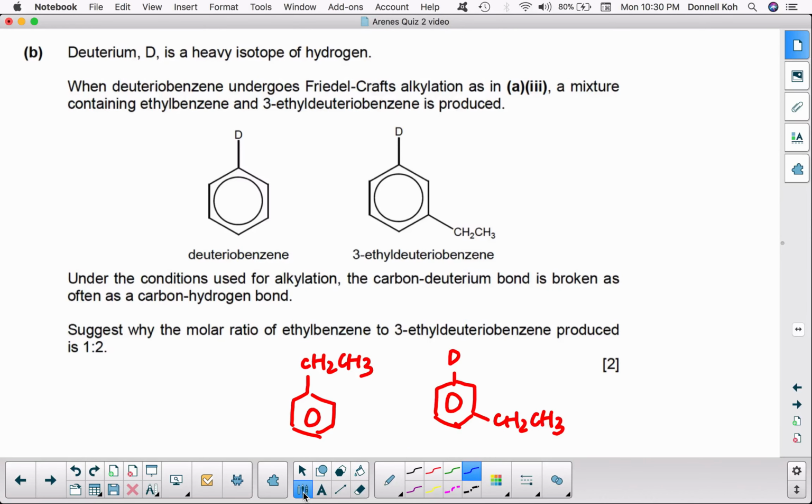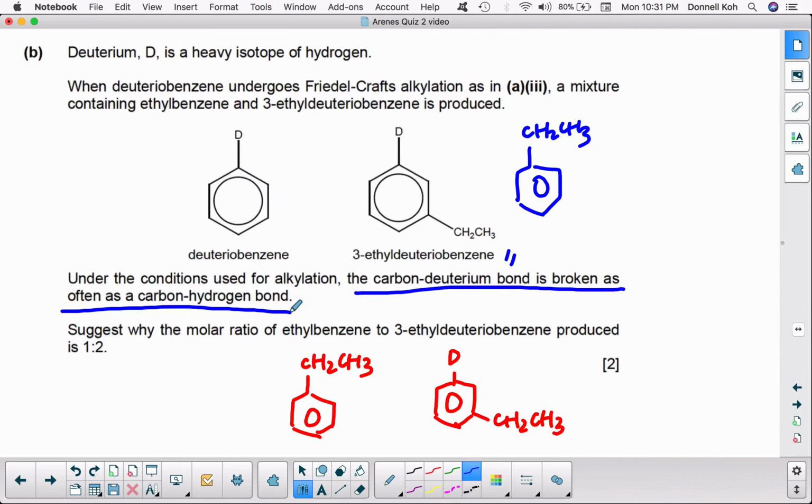Deuterium is a heavy isotope of hydrogen. When deuteriobenzene undergoes Friedel-Crafts alkylation, a mixture containing ethyl benzene and 3-ethyl deuteriobenzene is produced, and they say the carbon-deuterium bond is broken as often as the carbon-hydrogen bond.